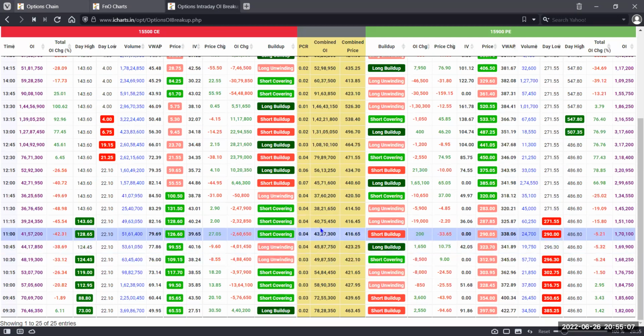See, OI data has to be computed by NSE. Whatever new volume has come in due to new trading that has happened has to be analyzed, and then the OI has to be computed.